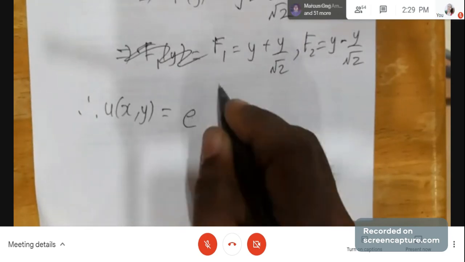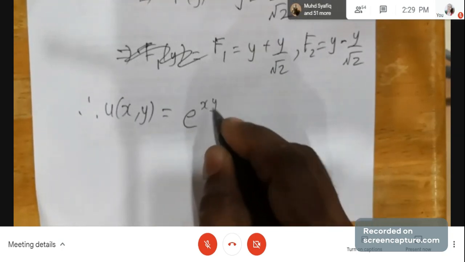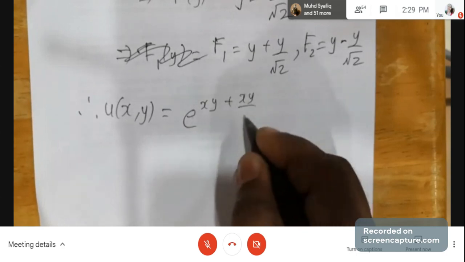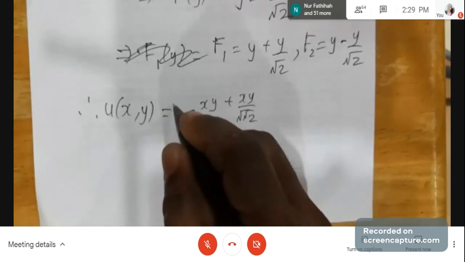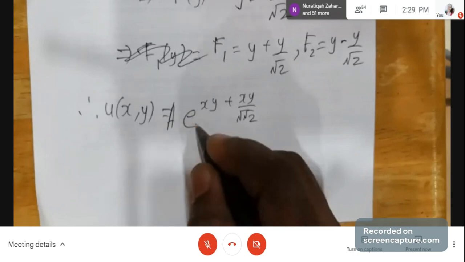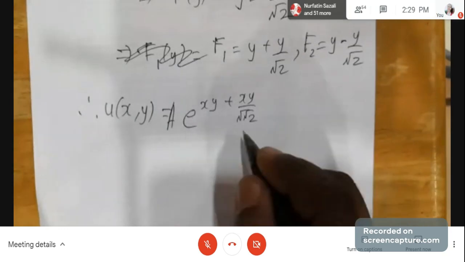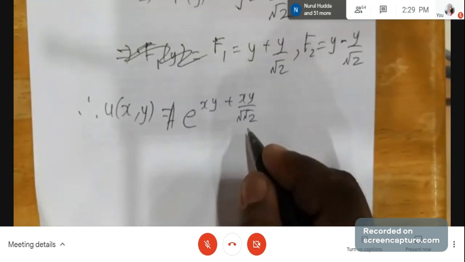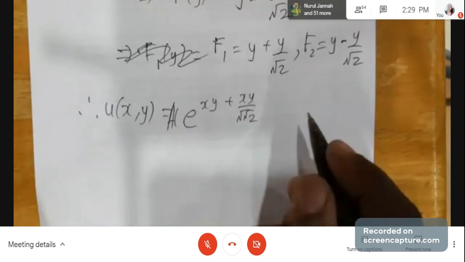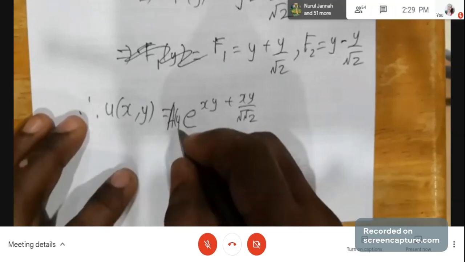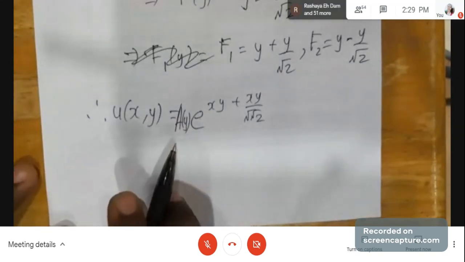Therefore u(x,y) equals e to the power of m times x, with some arbitrary function in y only, not an arbitrary constant. Because del u del x is treating the functions in y as a constant.